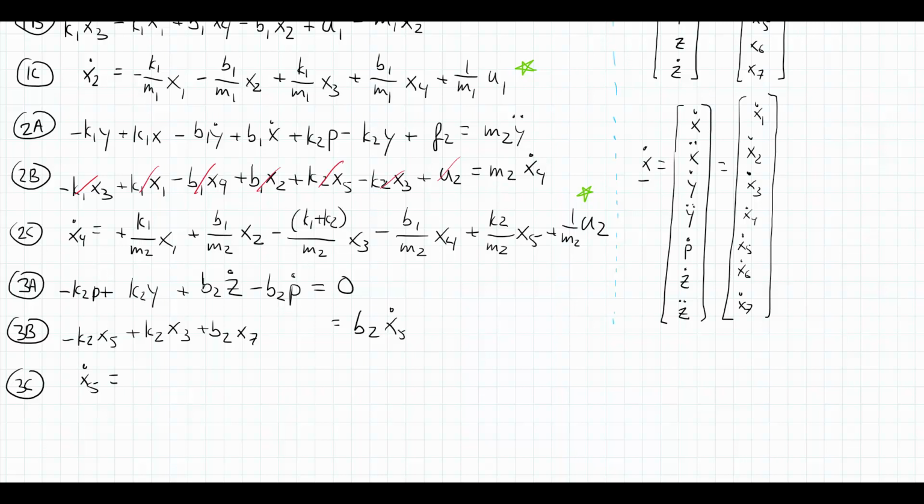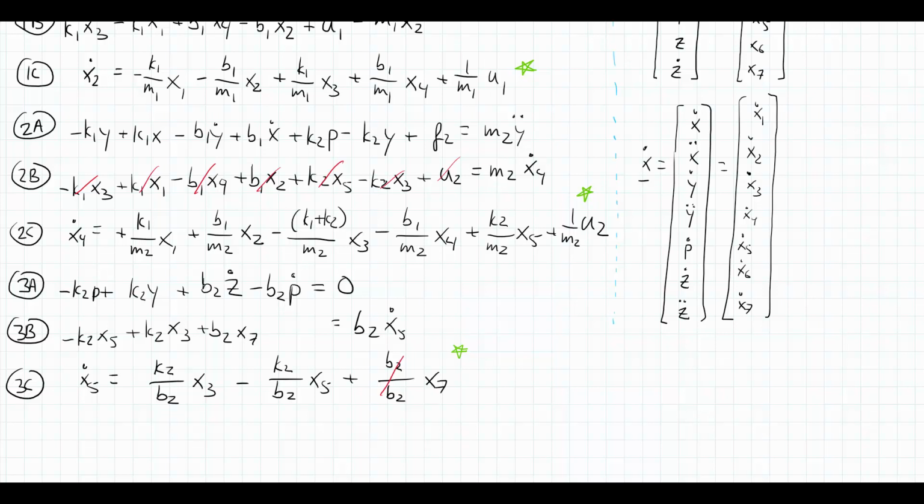So in order here, I am going to have a k2 over b2 x3 minus a k2 over b2 x5 plus a b2 over b2 x7. So that actually will just go to 1. And that's my x5 term. That will go into my states, into my matrix when I get to that point.